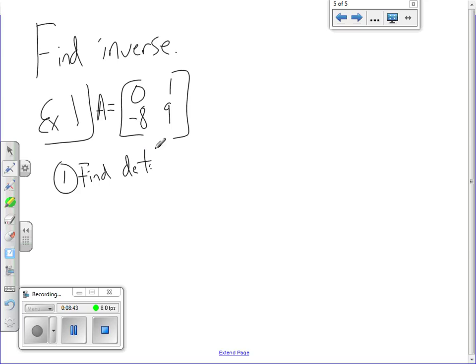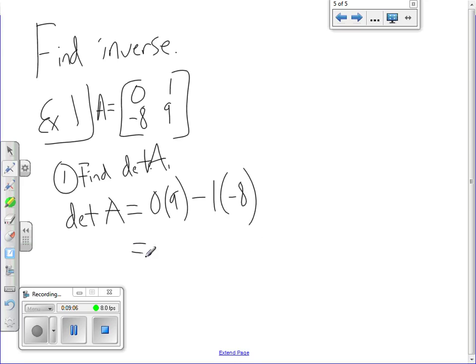I'll even put A. Find determinant A. I'm not going to be as detailed in showing everything here with the circles and the highlighting. I'm just going to do the computation. So I go 0 times 9 minus 1 times -8.